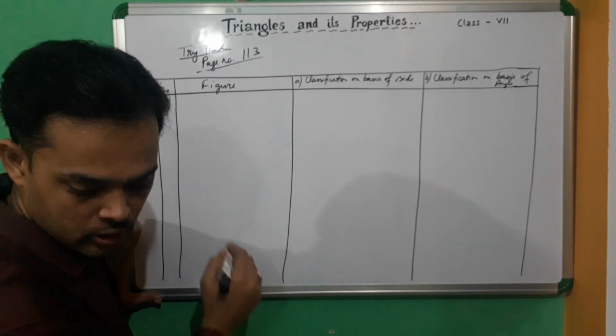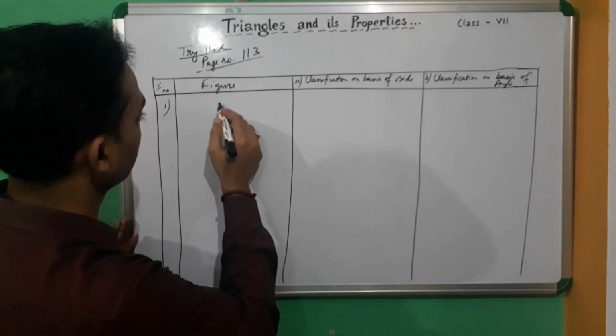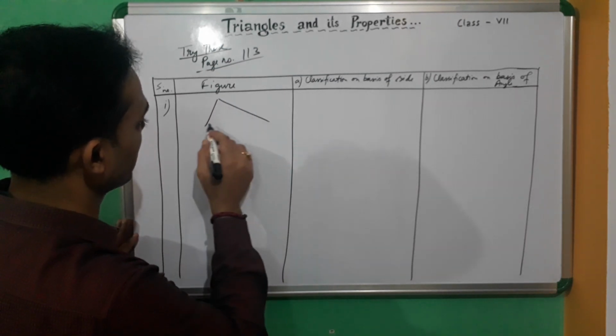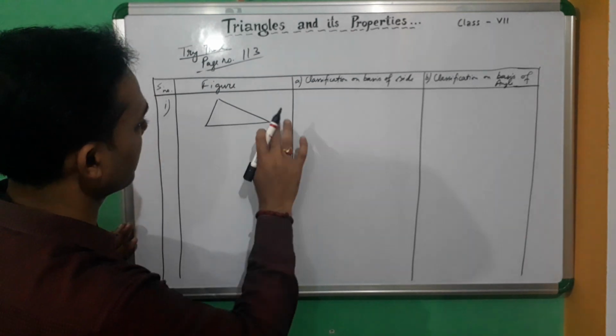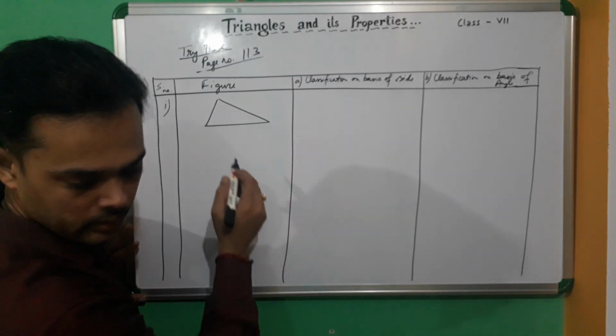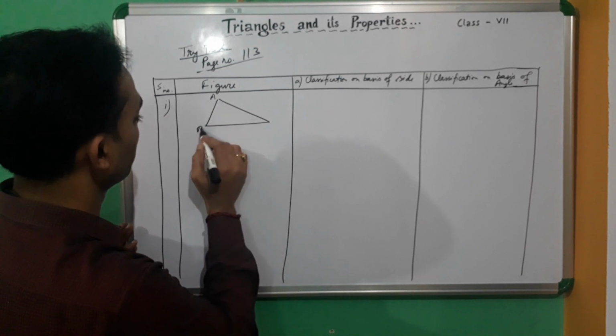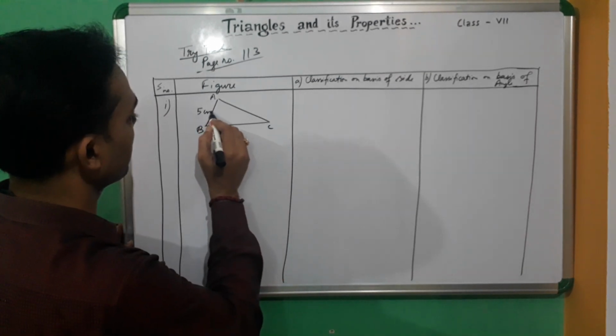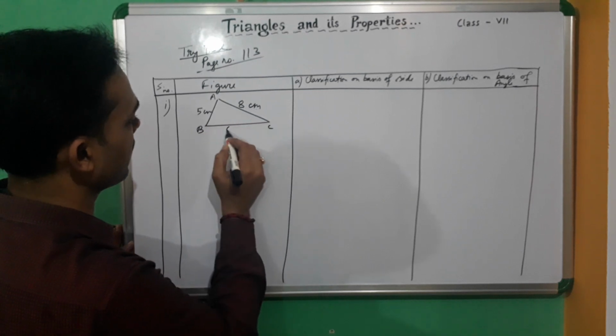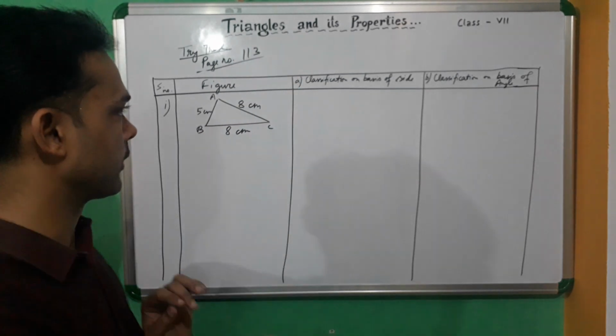In the first part there is a figure in which a triangle is made, and it is A, B and C, where this is 5 centimeter and these two sides are 8 centimeter respectively.